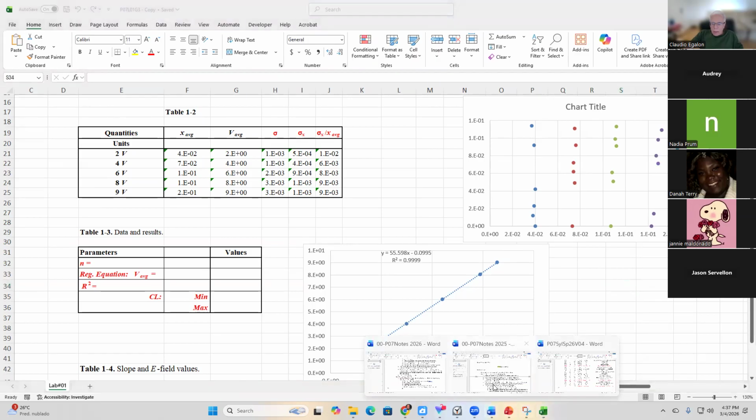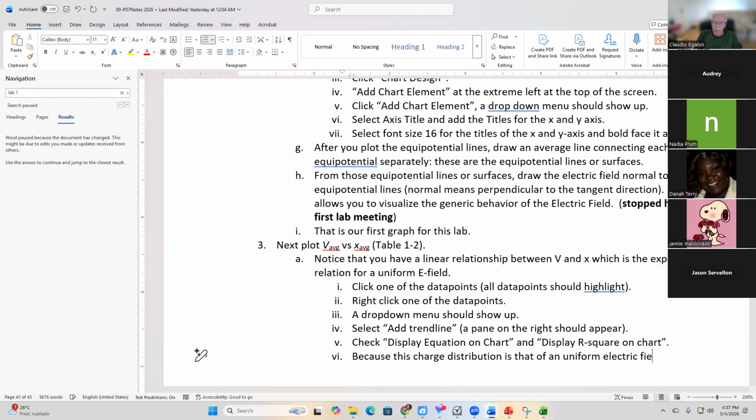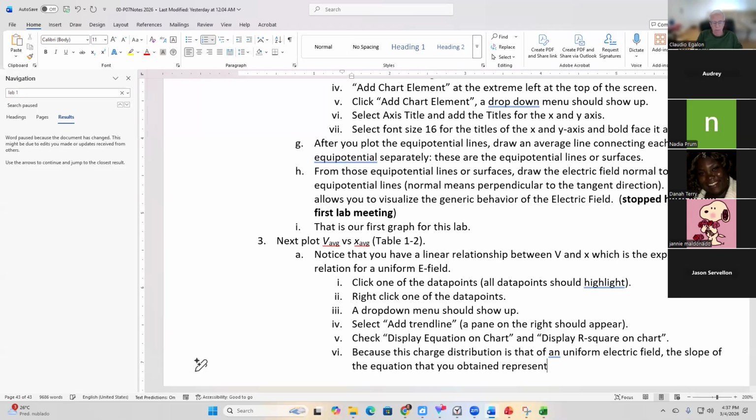So let's see here, going back here to the notes, right? Because this charge distribution is that of a uniform electric field, comma, the slope of the equation that you obtained represents the intensity, the magnitude.